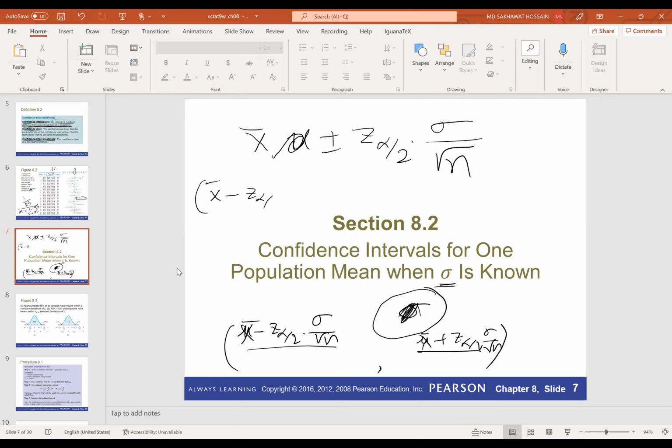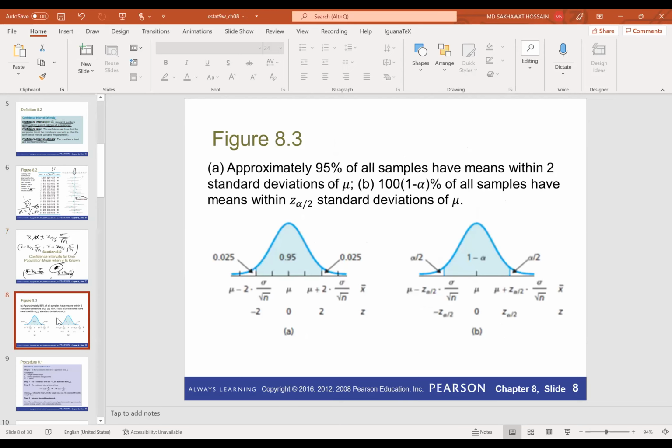So this is the formula to find the confidence interval for one population mean when sigma is known. That means we know the sigma value. And here you can see the 95% confidence interval for all samples.